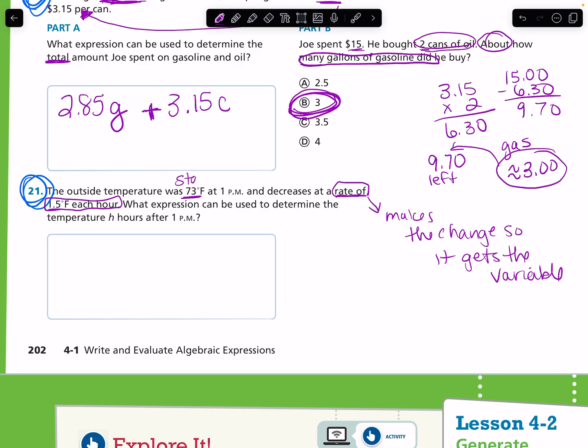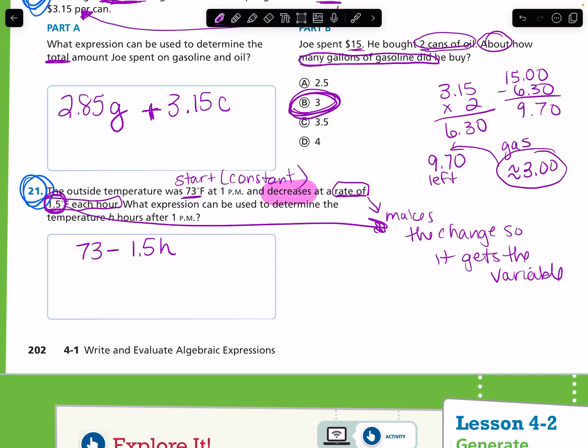That means this is our start, and we'll call that our constant. Okay, so 73, and I have help. Is it going to be adding or subtracting? Push pause and discuss if you need to, but I see where it says decreases, so I'm going to say subtract. And the 1.5 we have talked about before goes with the variable. So 1.5 times H.